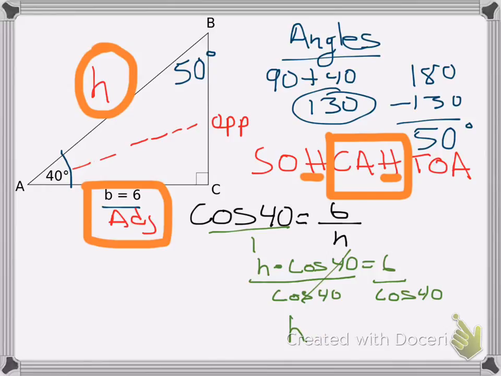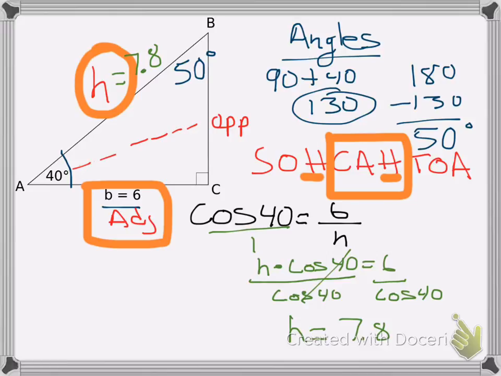H equals 6 divided by the cosine of 40, which is 7.8324437336. I'm going to round that to 7.8. Our hypotenuse is 7.8.